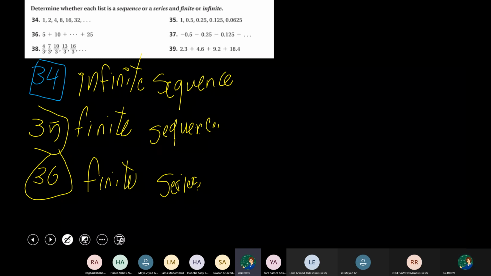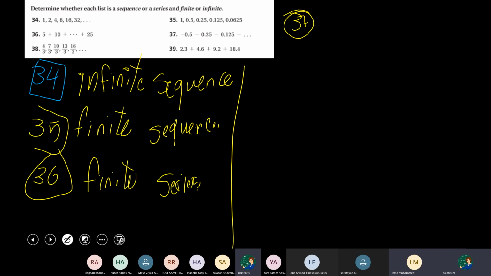Lemma. Number 37. Are the numbers here a sequence or a series? If they have a plus or minus sign between them, it is a series.